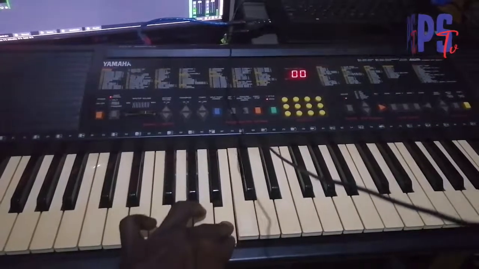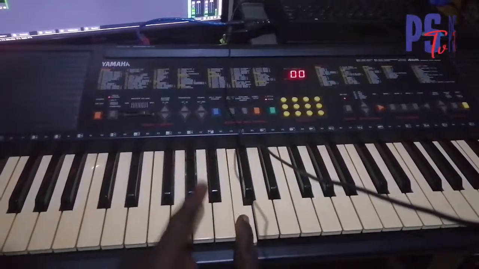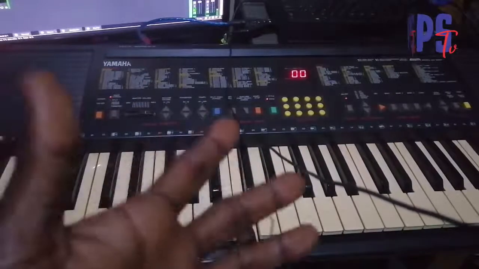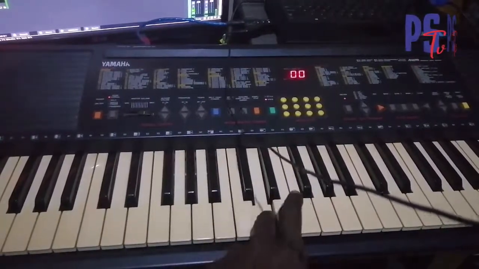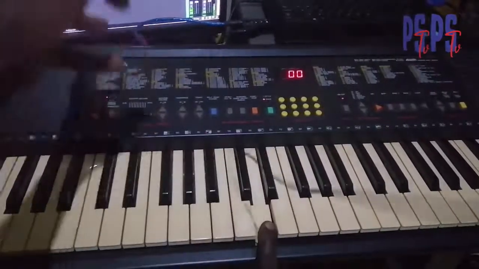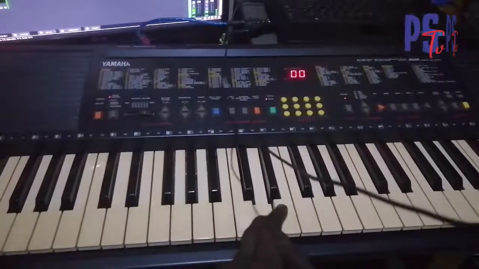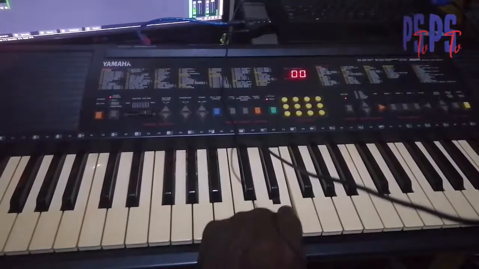Now we're going to extend it. The second C is our 8, that's an octave. Then the 9th is our D. Remember the D is 2 here, but on the other octave it is called the 9th. Then we have the 10th, which is the E.